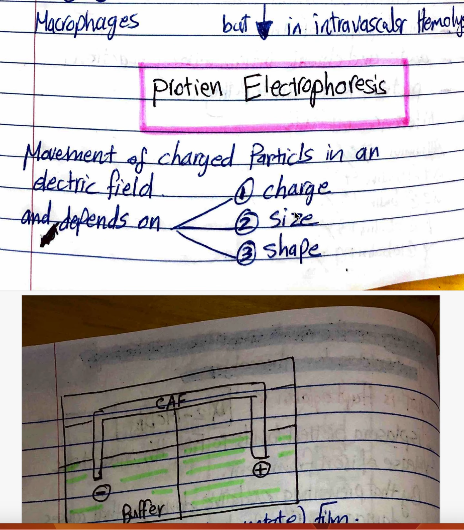Now we go to another topic, which is protein electrophoresis. Protein electrophoresis is the measurement of charged particles in an electric field. We measure these particles depending on the charge, the size, and the shape.